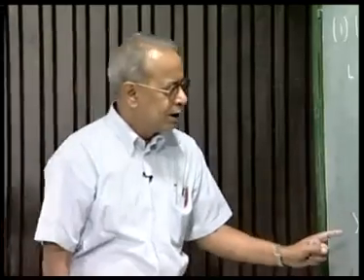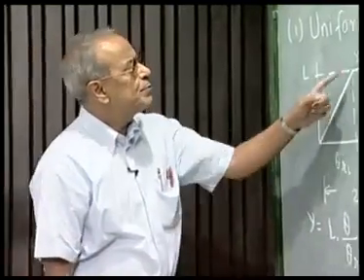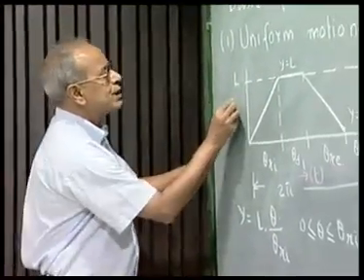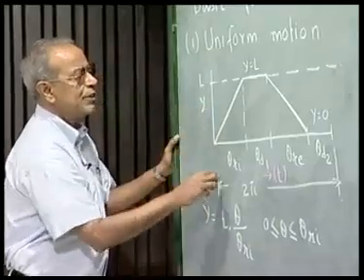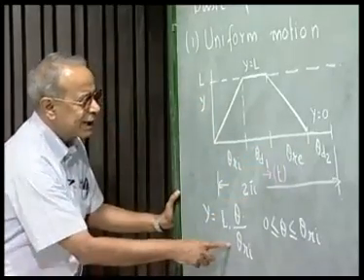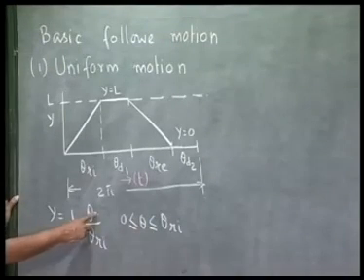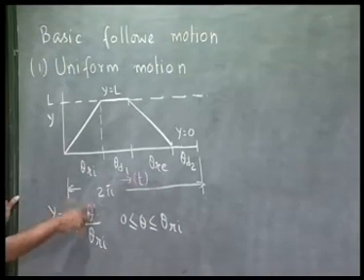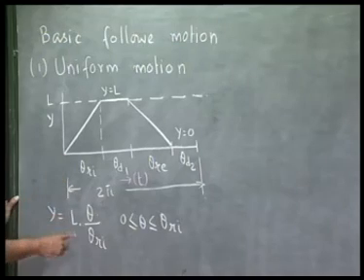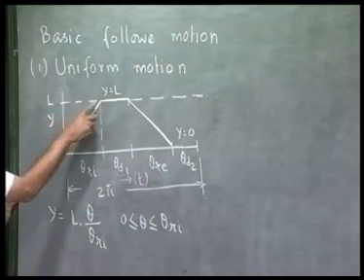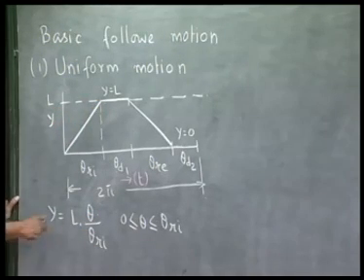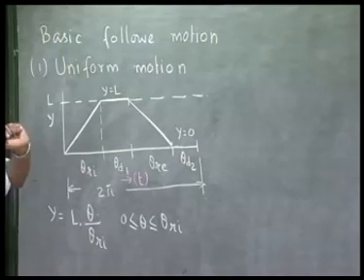As you have seen, during this rise period, the follower displacement y as a function of theta can be easily expressed by this linear function, y equal to L into theta by theta Ri. When theta is 0, y is 0, and when theta is theta Ri, y is L. This is what we call uniform motion.